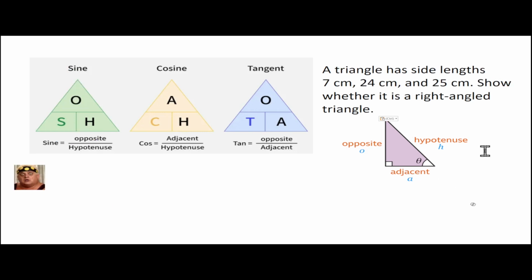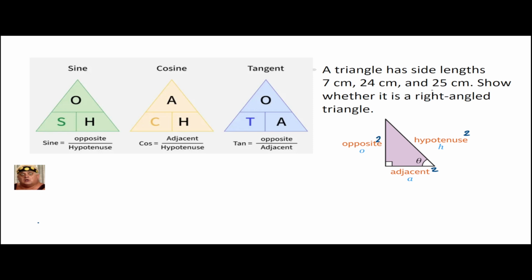This one's an interesting one. A triangle has side lengths 7 centimeters, 24 centimeters, and 25 centimeters. Show whether it is a right angle triangle. Okay. So for this one, what are we going to do? Well, we know that in a right angle triangle, the adjacent side squared plus the adjacent side squared equals the hypotenuse side squared.